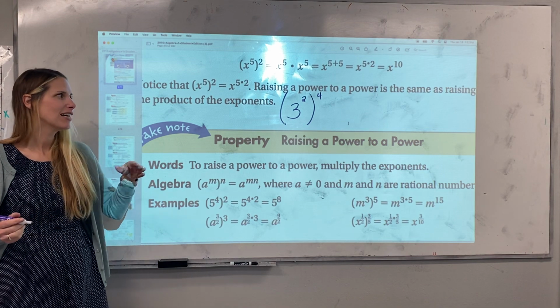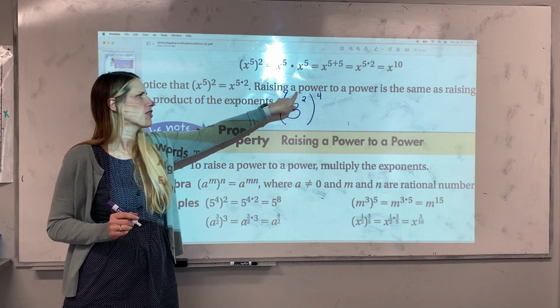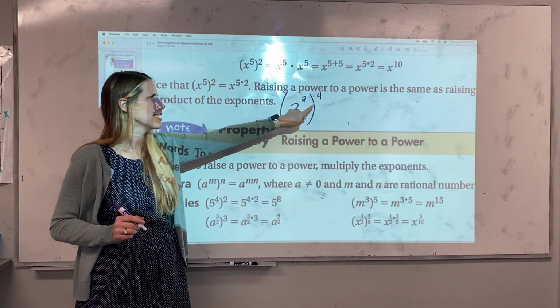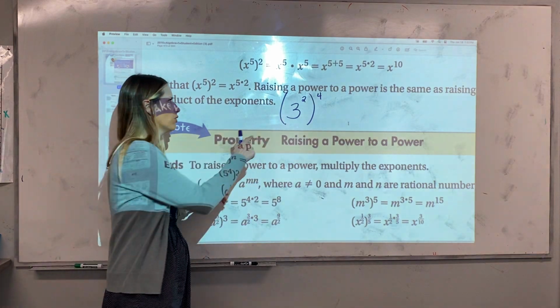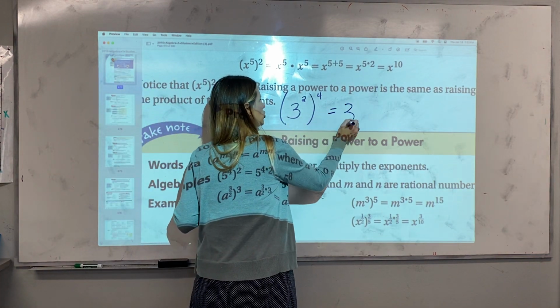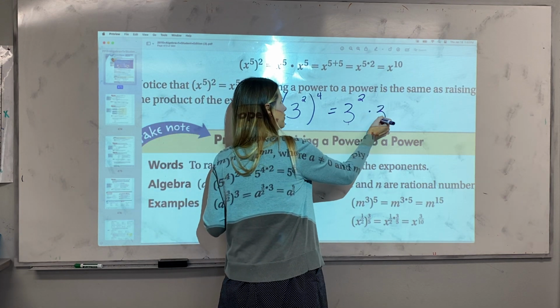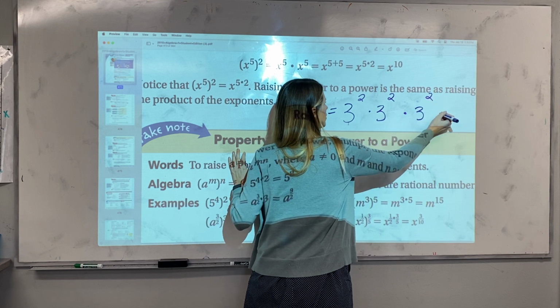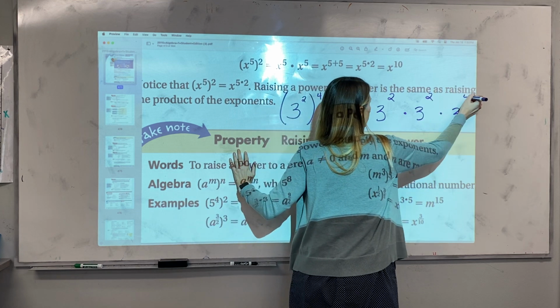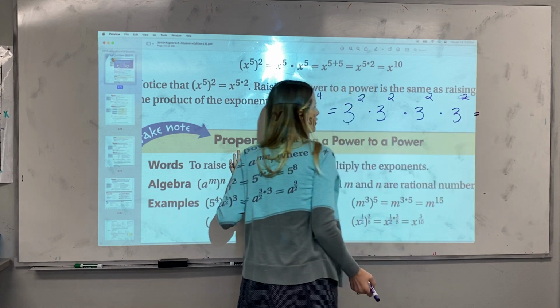What I want to show you is that if this whole thing is to the 4th power, what does that look like if I write it out? 3 squared times itself, times itself, times itself. So that would be 3 times 3 times 3 times 3 times 3 times 3 times 3 times 3.